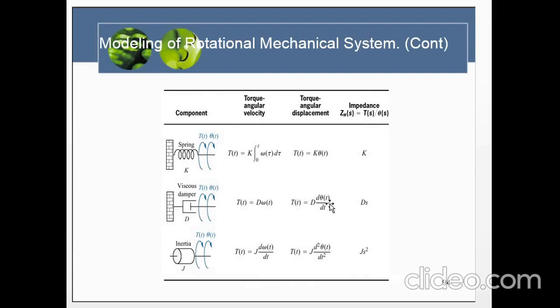And there are the mechanical components for rotational motion.